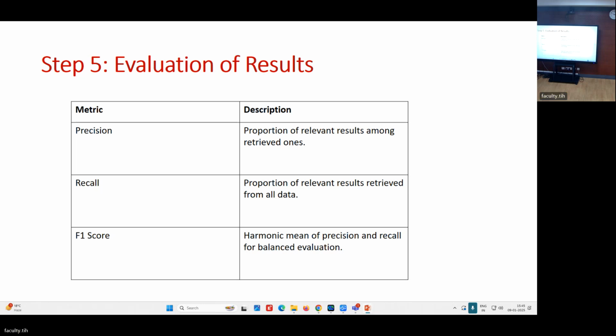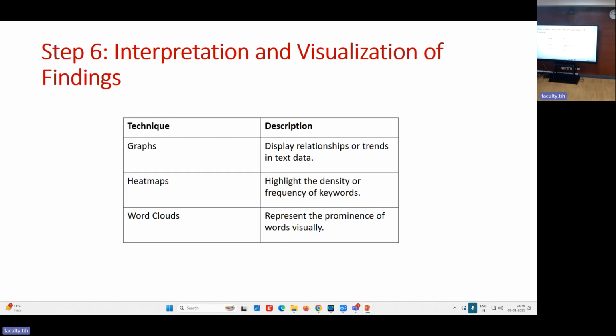But if you want to find out the actual results, you should opt for harmonic mean. So that's why the F1 score is calculated using the harmonic mean of precision and recall, right? So this is about the F1 score.